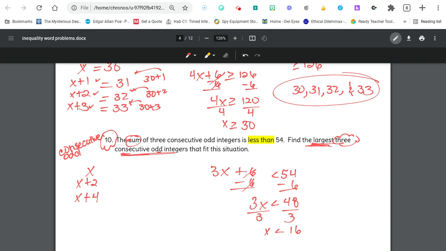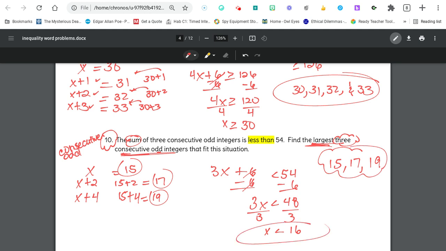The largest odd number that's less than 16 is 15. Okay? So this is just 15 plus 2, which is 17. And this is 15 plus 4, which is 19. You got to pay really, really close attention to these. So I'm looking at 15, 17, and 19.